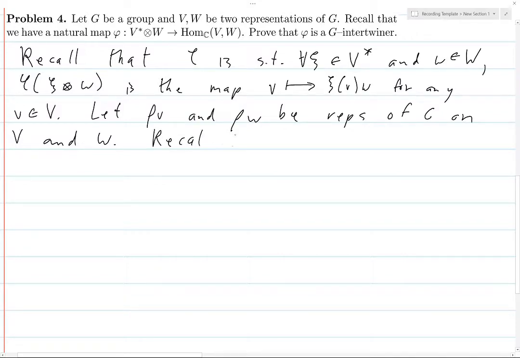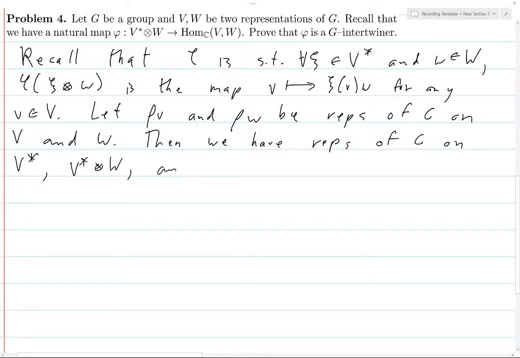Recall, let's see here, then we have representations of G on V dual tensor W and Hom C VW given by, let's just do each of these one at a time.